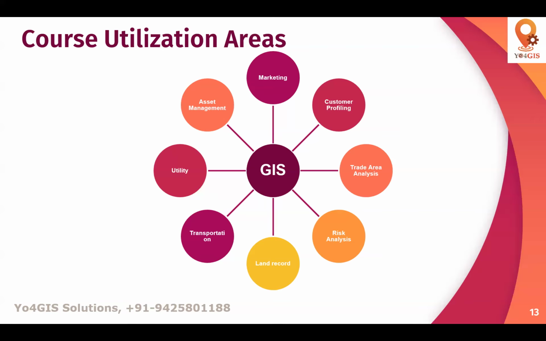If the driver is talking on the phone while driving, smoking, or feeling fatigue, in all these cases the admin will get a notification. All these things are possible with the help of GIS.